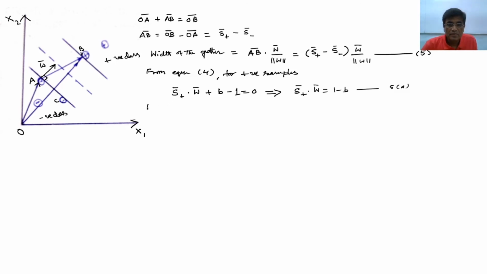Then for negative samples, again equation 4 will give me that for a negative sample, this will be minus W dot x negative minus b minus 1 equals 0.